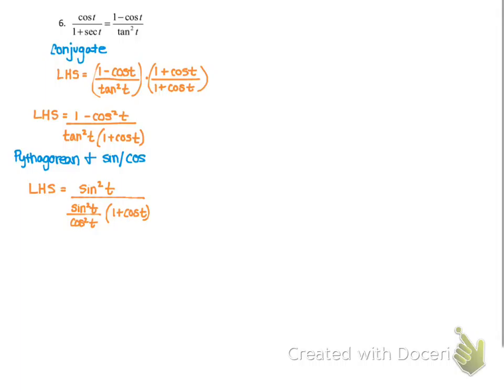So now we can actually simplify the sines. They're being divided, and we are left then with 1 over cosine squared t times 1 plus cosine t. So the next thing I'm going to do is multiply the denominator, and I'm going to get 1 plus cosine t all over cosine squared t.